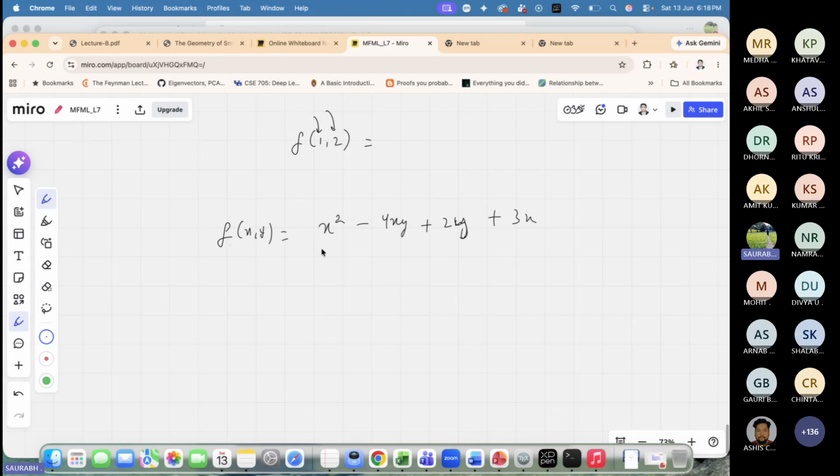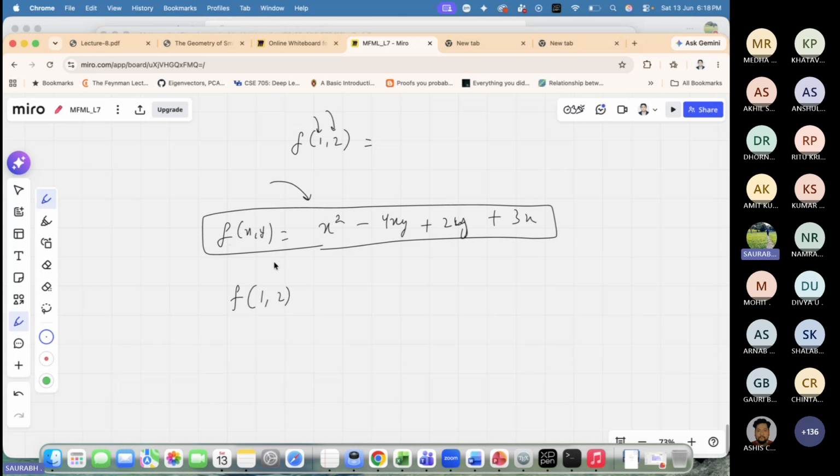This is a big function. The idea is simple. You know what that function is in terms of x and y. They might ask you, how does the expansion of the function look around point 1 and 2?